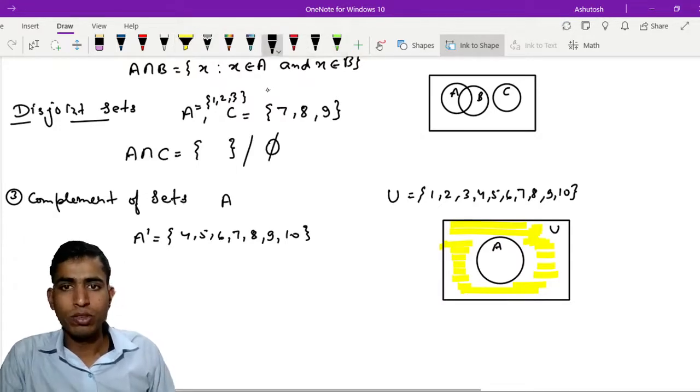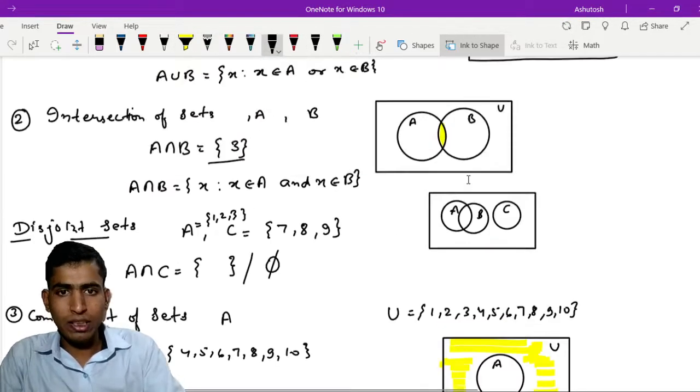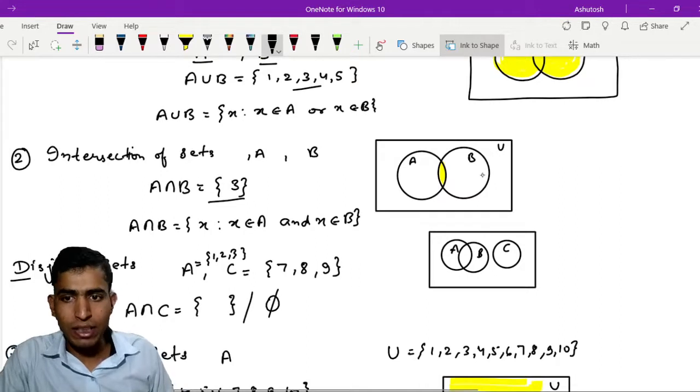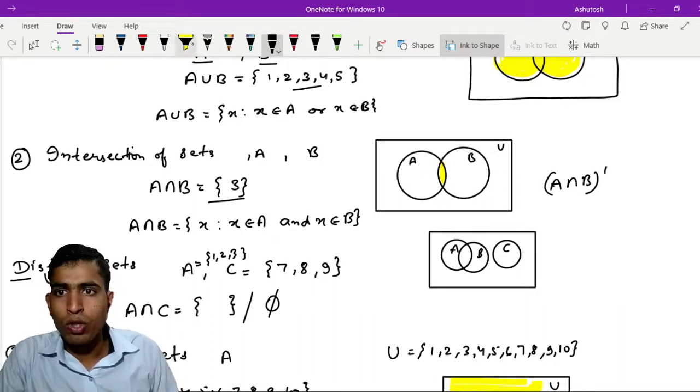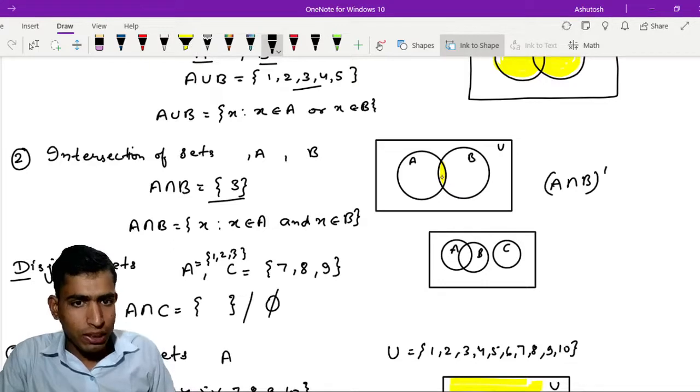Now in this situation, if I say the intersection, dashed, then all the area except this region will represent it.